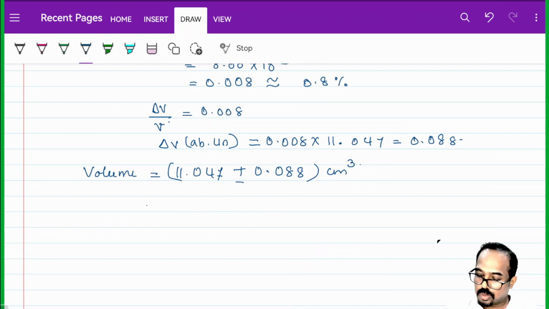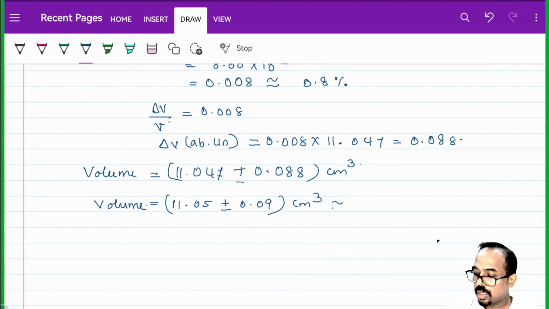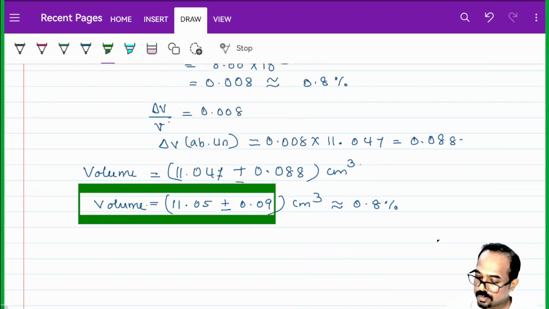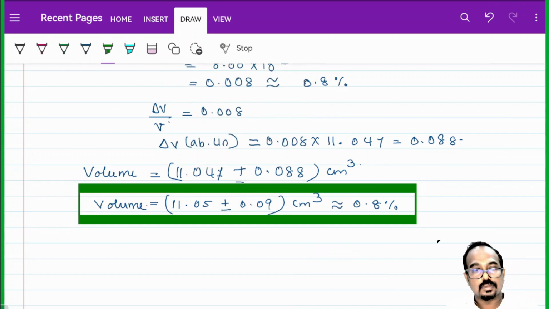You can round off and write it in a suitable significant figure: 11.05 plus or minus 0.09 centimeter cube. This is the volume, with approximately 0.8 percentage uncertainty. Understood? This is your answer for part 1.